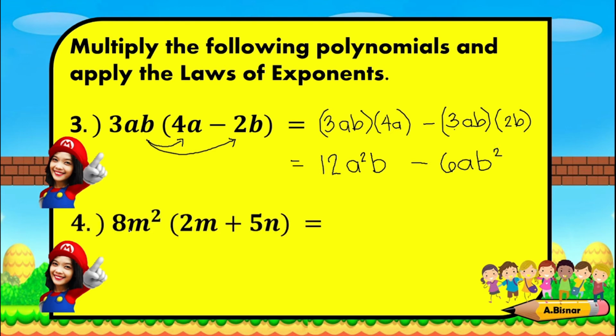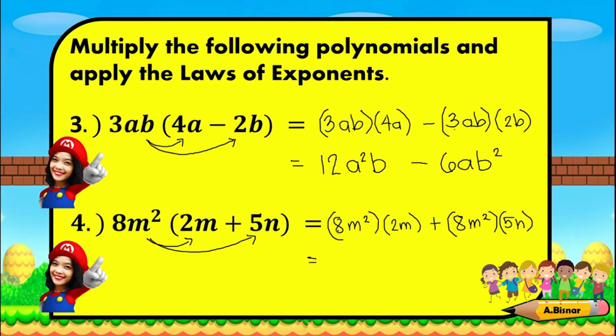Another, 8m squared times the sum of 2m plus 5n. So let's multiply this. 8m squared times 2m plus 8m squared times 5n. 8 times 2, you have 16.